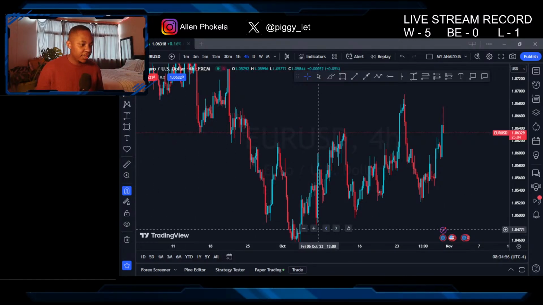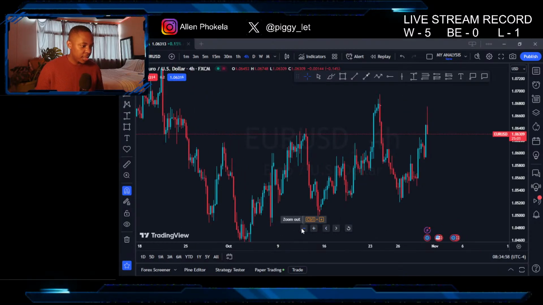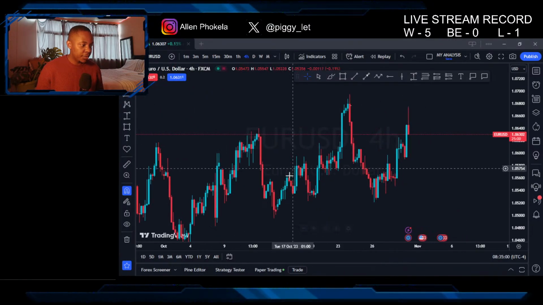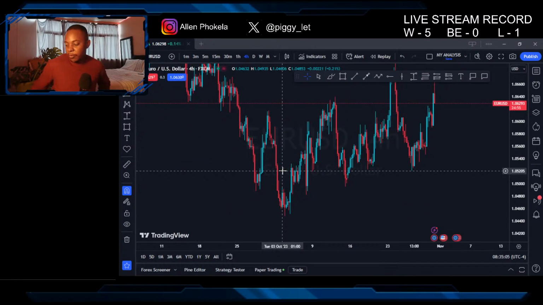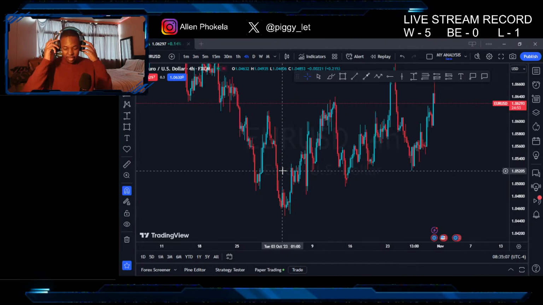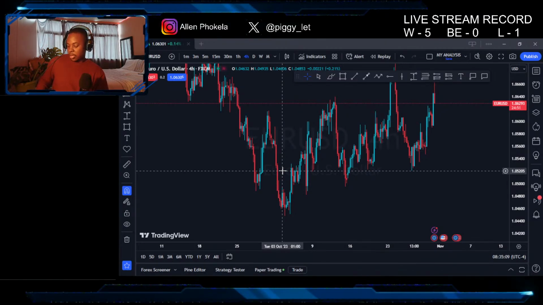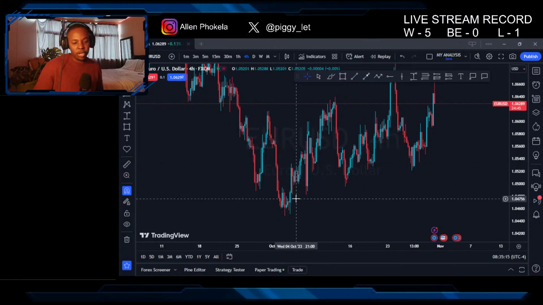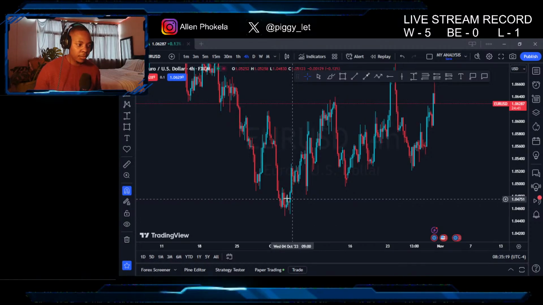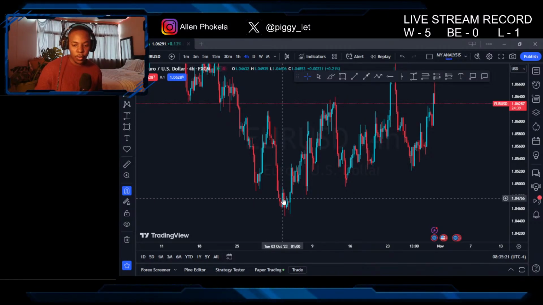So the London kill zone is what we'll be focusing on. Today I'm just going to go through the London session, and then probably by tomorrow I'll go through the New York session kill zone.